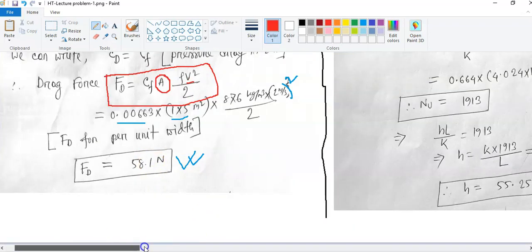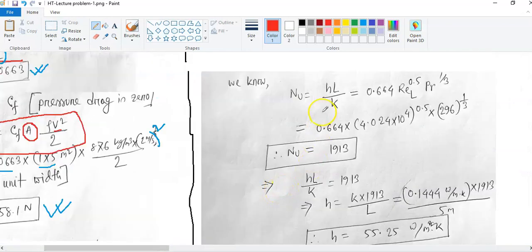So look here guys, what I did, we know the Nusselt number general formula, which is also equal to these correlations. So substitute the value 0.664, substitute the values of Reynolds number and the Prandtl number here. So we got the Nusselt number is 1913. Once we have this Nusselt number, then it is equal to hL over k.